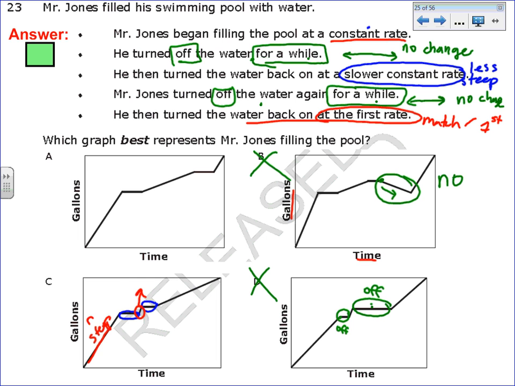No. This is a fast rate, and it should have gotten what? Slower. So that's why this isn't it. So it has to be A. It's going at one rate, he stops for a while, he slows, turns the water back on, it slows, stops for the same distance, and then he goes back to the original speed that he started with. So my answer is A.